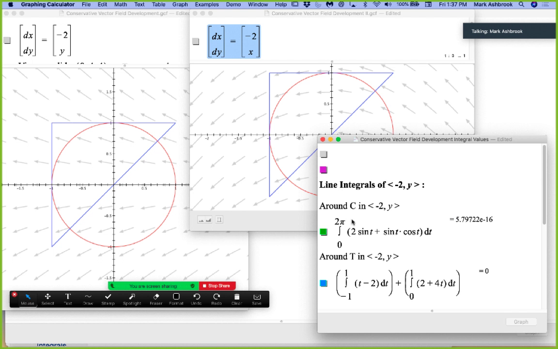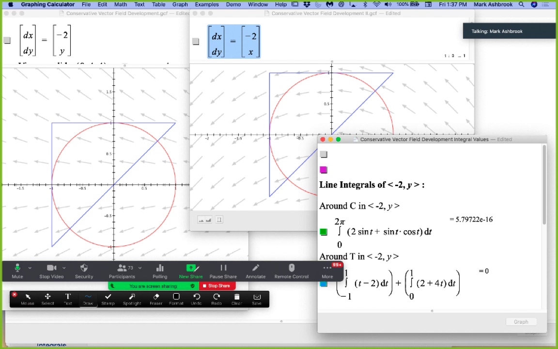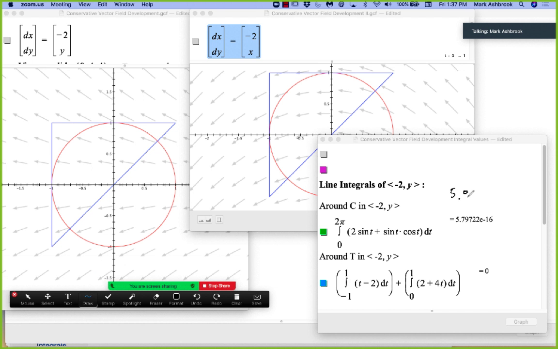So around C, we predicted that would be 0, and it is indeed 0. The software is doing some numerical method and returning 5.8 times 10 to the minus 16th. Because of the numerical method it's using, it's getting a minuscule error, basically infinitesimal, so this is 0.